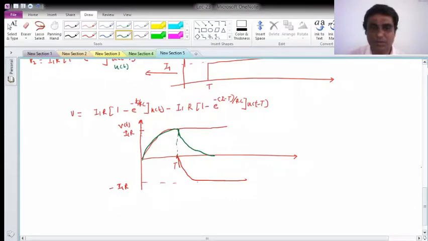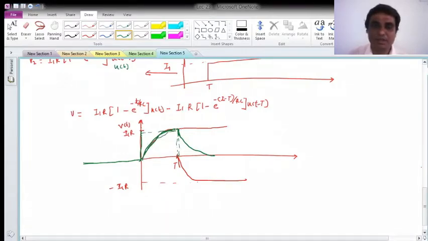And what is the input? The input is something like this. The excitation applied to the circuit was 0 at t equal to 0, then a current source or energy source is connected to a parallel RC. The capacitor will charge and the voltage across it will increase exponentially until fully charged.